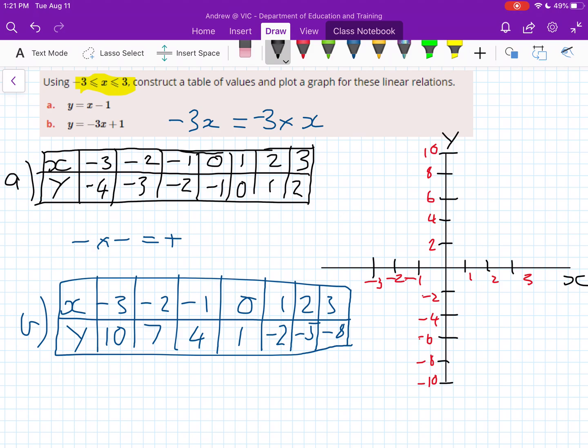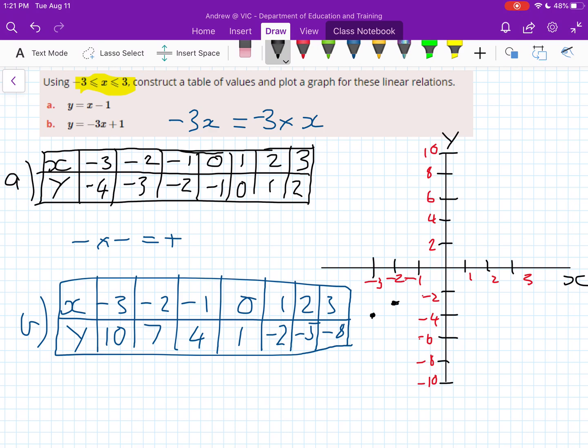Okay, so first we get to -3 as the x value for A, and the corresponding y value is -4. So we need to put a dot where that is. Then we go to -2, and the corresponding value for this is -3.